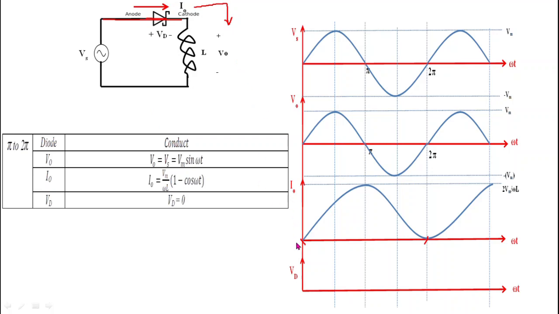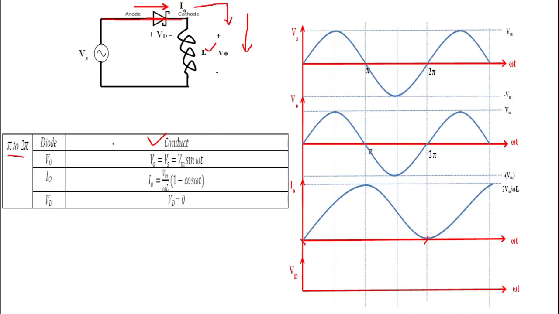Positive current means current is flowing from anode to cathode. That's why this diode will remain conducting due to the inductor L. So from pi to 2 pi also this diode will conduct, and during conduction it will act as a short circuit.